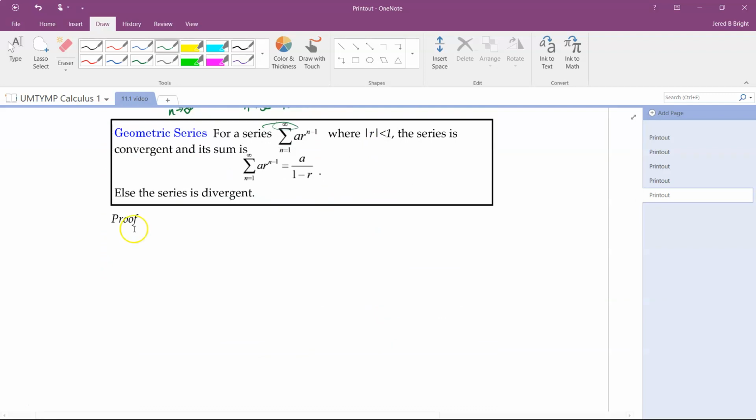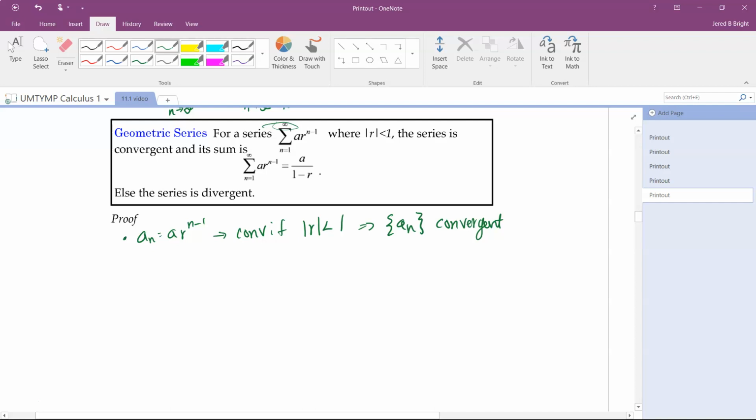So if I look at the sequence an as a r to the n minus 1, we know that this is convergent if the absolute value of r is less than 1, which is true. So that means that the sequence an is going to be convergent. That's the first part of our proof.